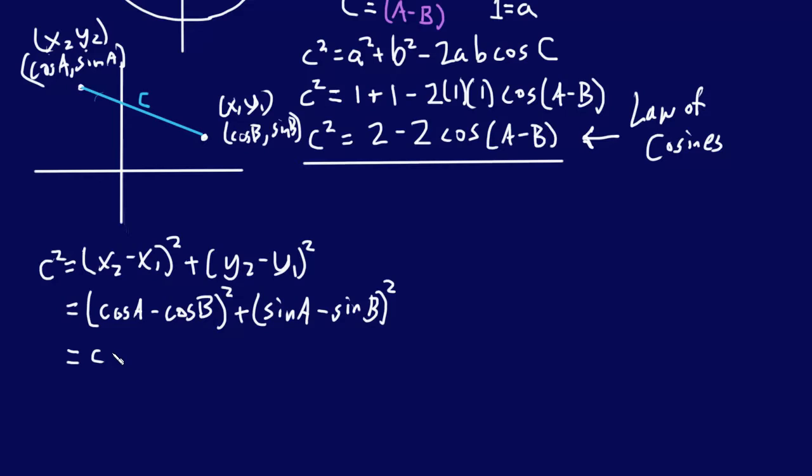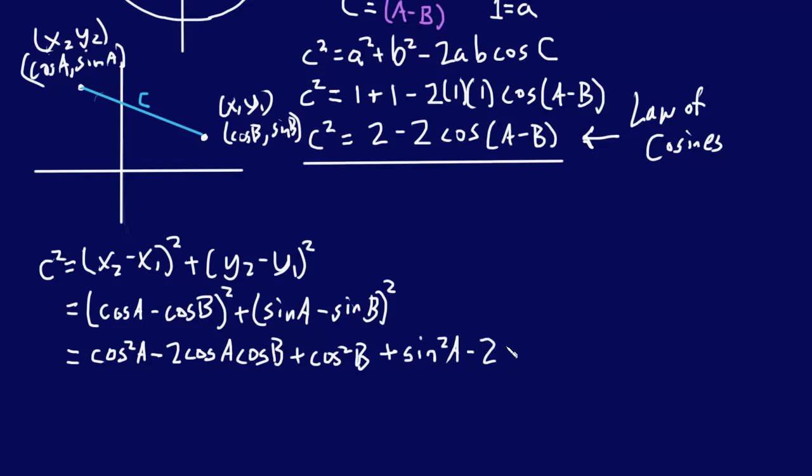So we have cosine A times cosine A, so that's cosine squared A. And then we have cosine A times negative cosine B twice, so then we end up with negative 2 cosine A cosine B. And then finally we have negative cosine B times negative cosine B, and that's positive cosine squared B. And then we do the same thing here, and you'll get something similar, which is plus sine squared A minus 2 sine A sine B, and then plus sine squared B.